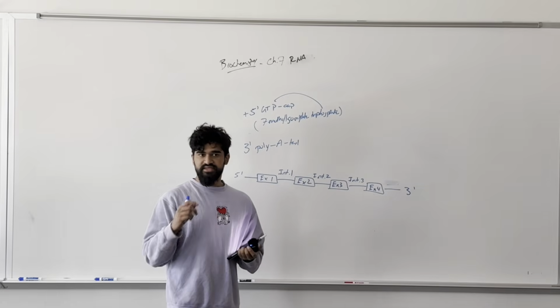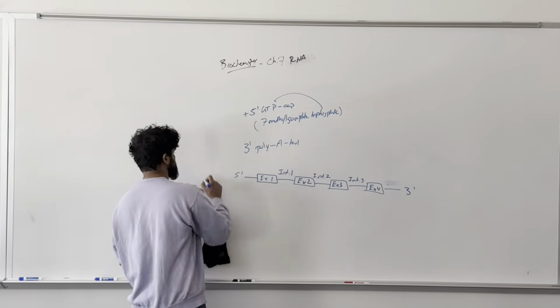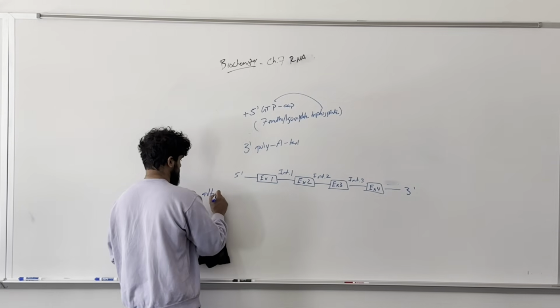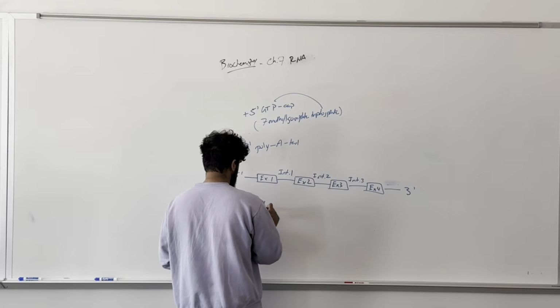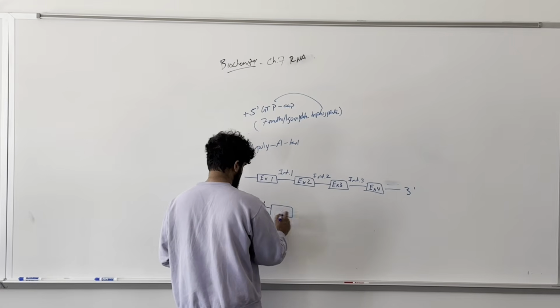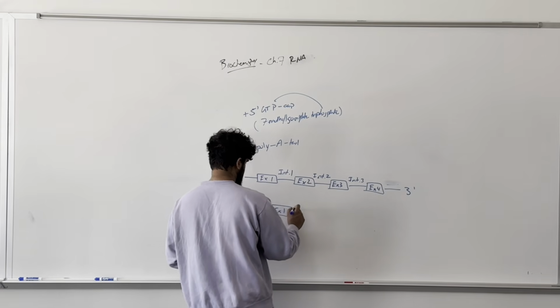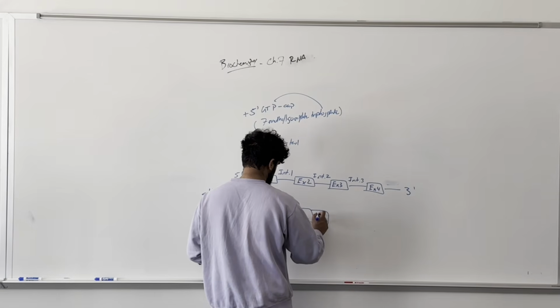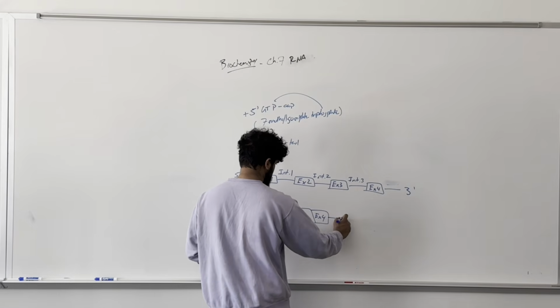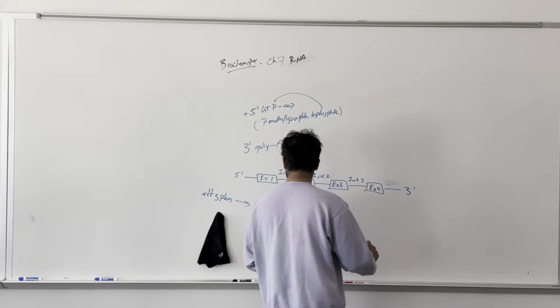Alternative splicing is the method by which you get this. You get that.